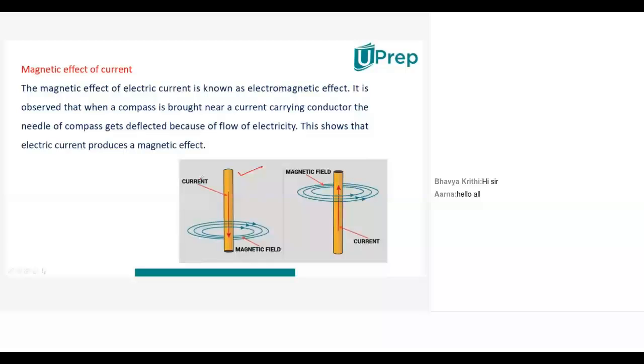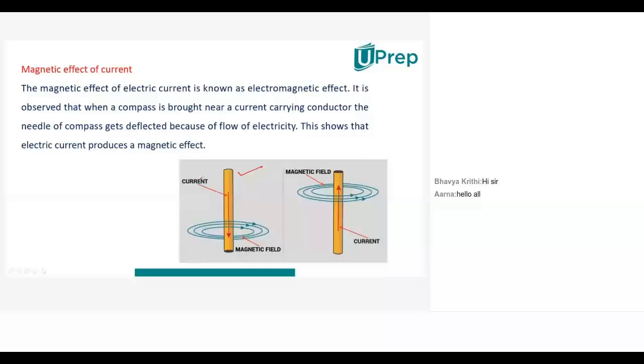Why will this particular copper rod attract the iron nail? Priscilla? Why will the copper rod attract it? Sir, attract what, sir? Iron nail.